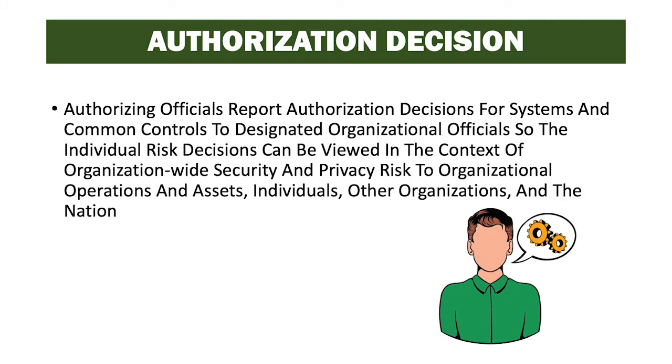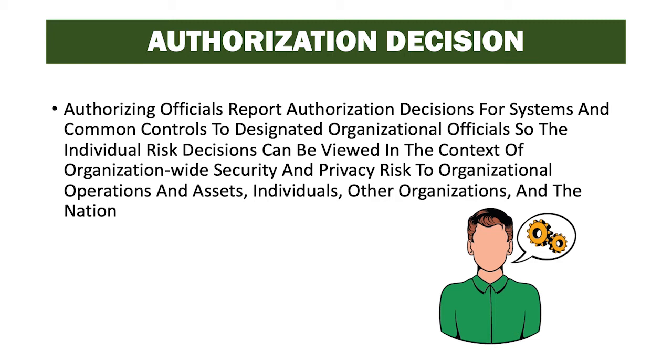The authorizing officials report authorization decisions for systems and common controls to designated organizational officials so the individual risk decisions can be viewed in the context of organization-wide security and privacy risks to organizational operations and assets, individuals, other organizations, and the nation.